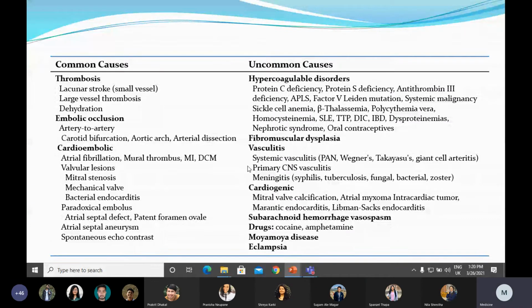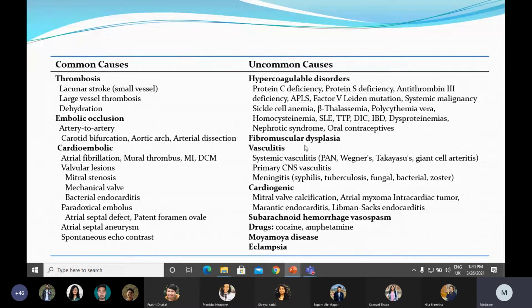Another important cause is connective tissue disorders, and the hypercoagulable disorders like protein C deficiency, protein S deficiency, nephrotic syndrome, or use of oral contraceptives in young females. And SLE is very common, it can present with stroke in young females.